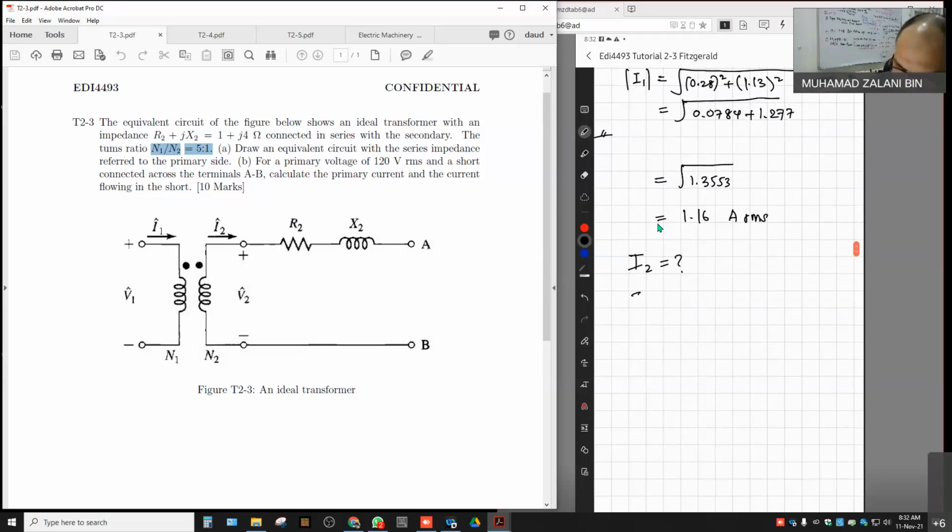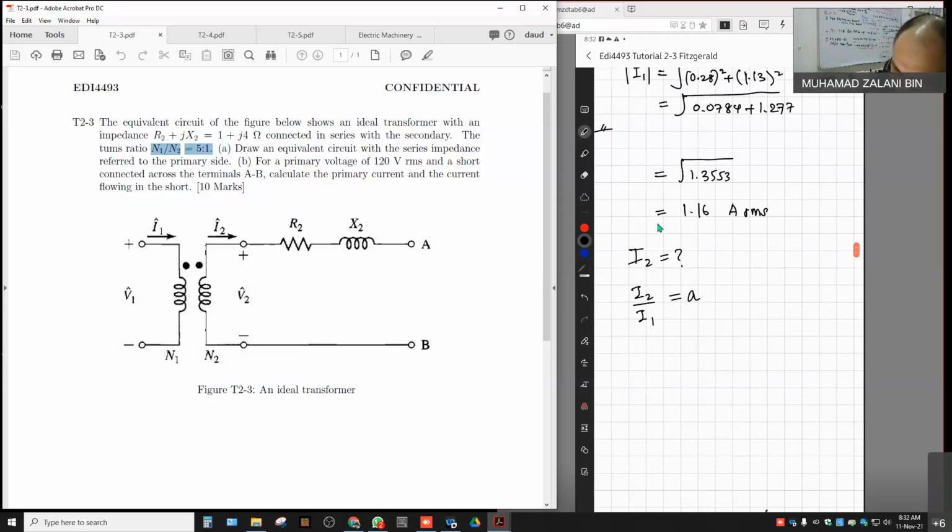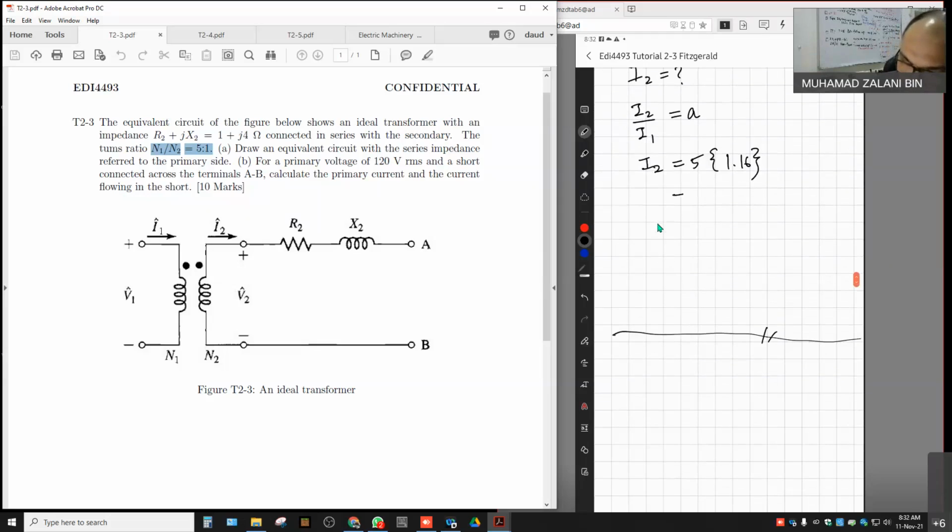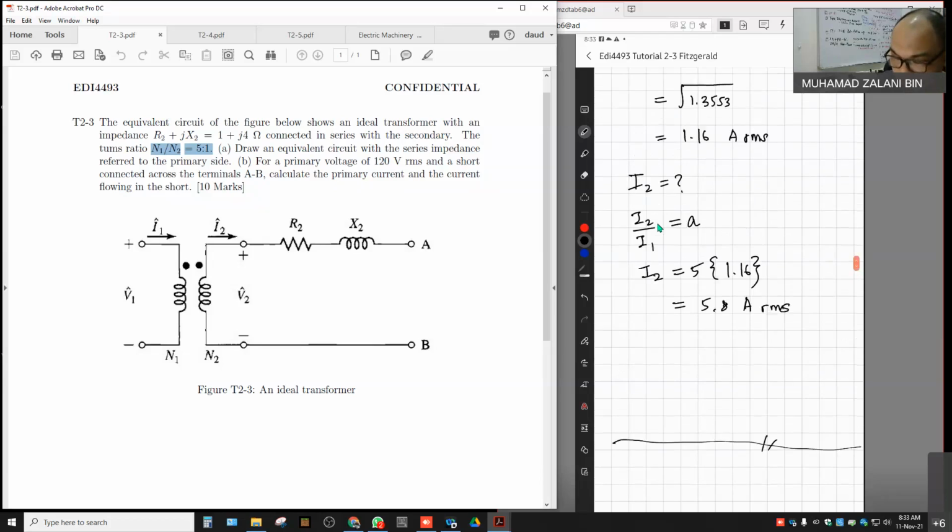Simply what you can do is I2 by I1 is A. Okay. Yang mana A itu adalah 5. Gantikan A darab dengan I1. Okay. So simply you get 5.8 ampere RMS. The current at the secondary side.